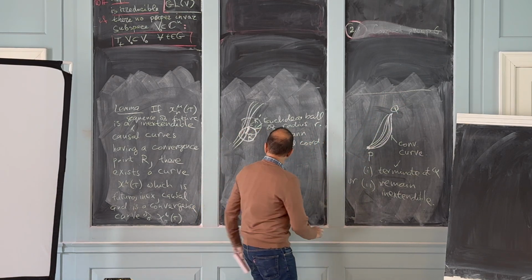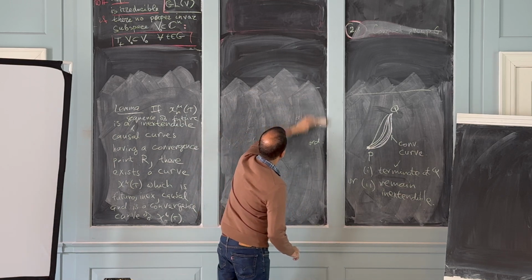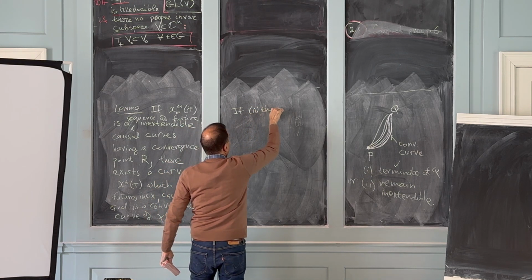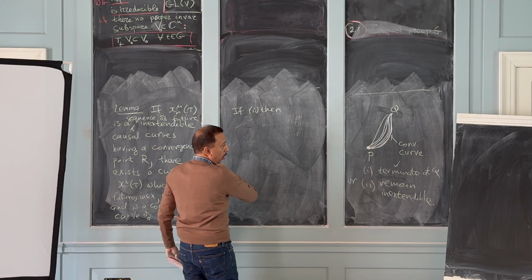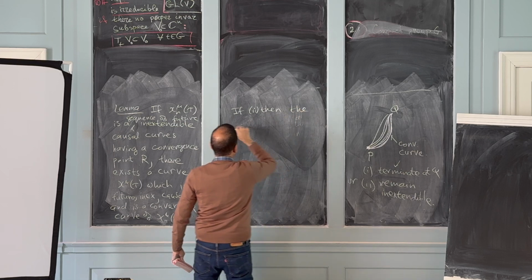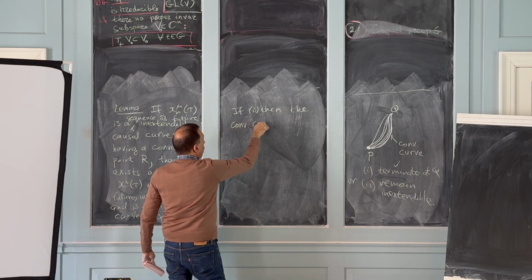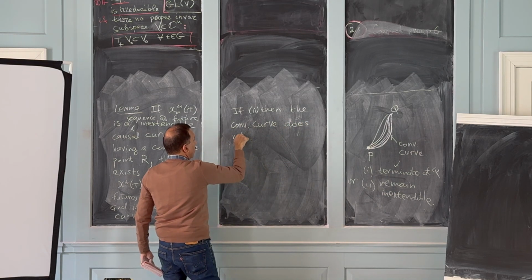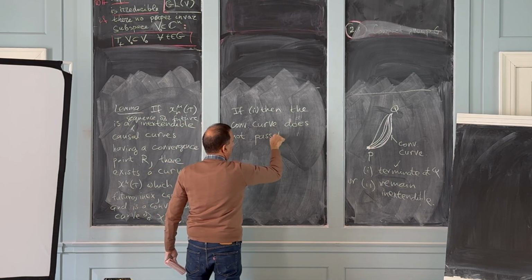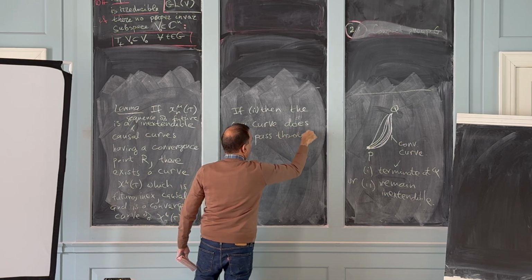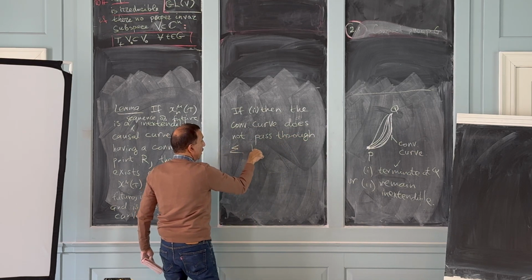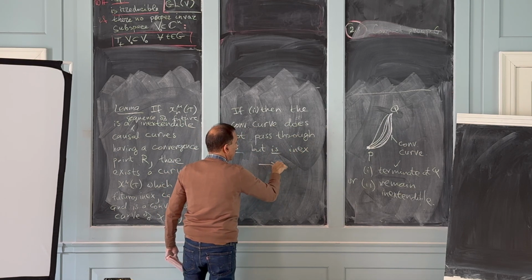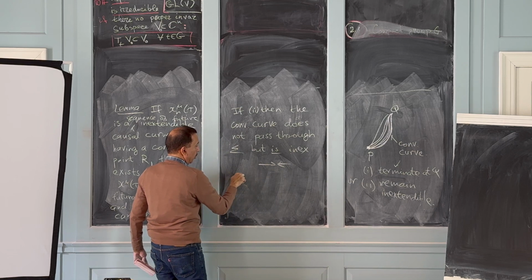So if 2 is true, then the convergence curve does not pass through sigma but is inextendable, which is a contradiction with global hyperbolicity.